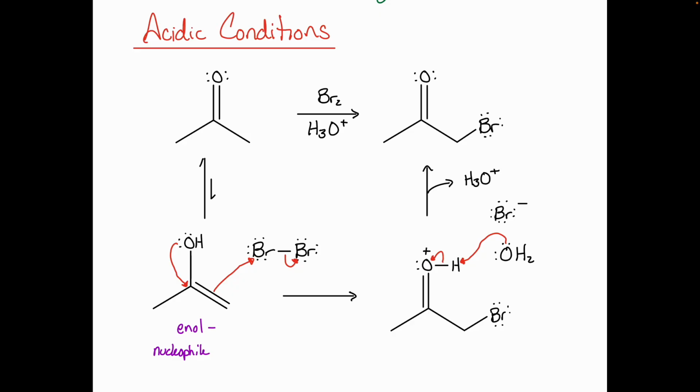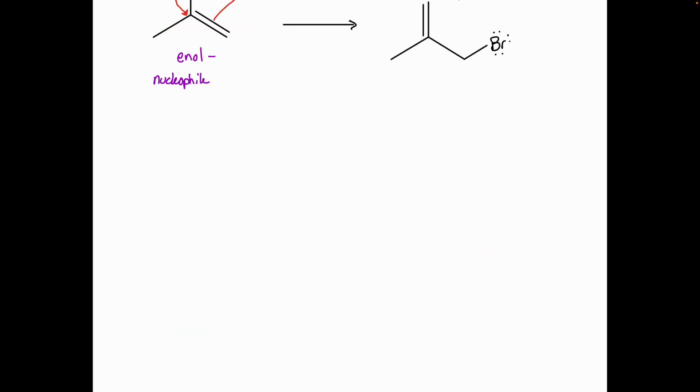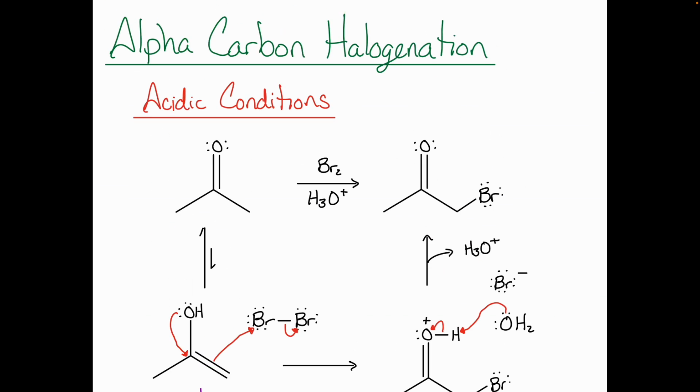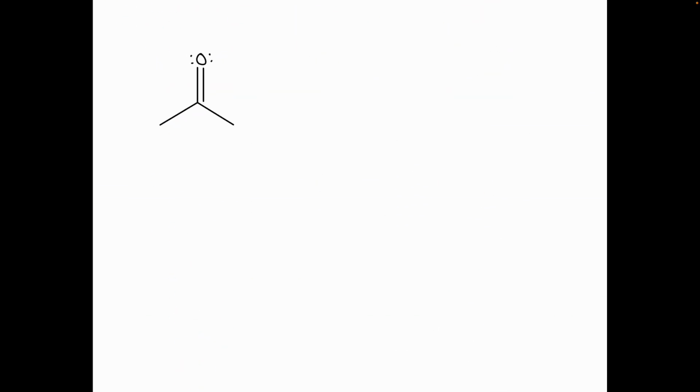All right, so we used this symmetric ketone, acetone. What if we used an asymmetric ketone? So now let's take a ketone, but we're going to put two other methyl groups over here, make it asymmetric. We're going to do the same conditions here, bromine under acidic conditions.